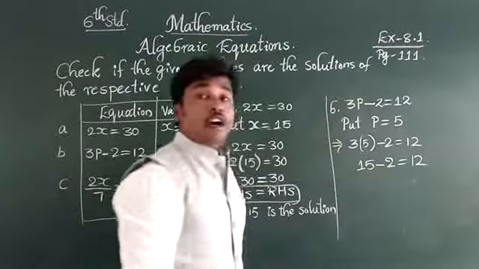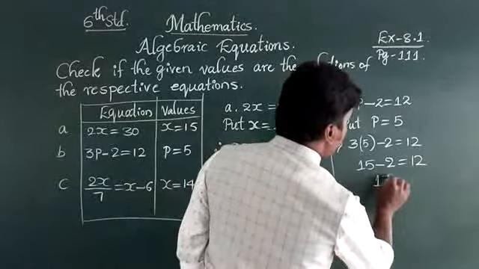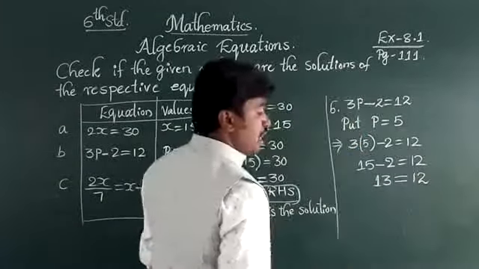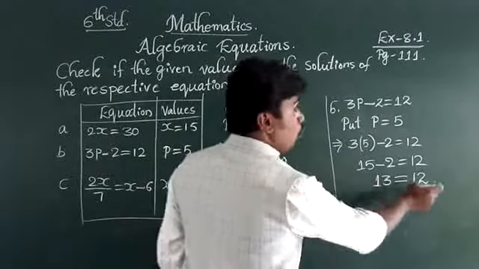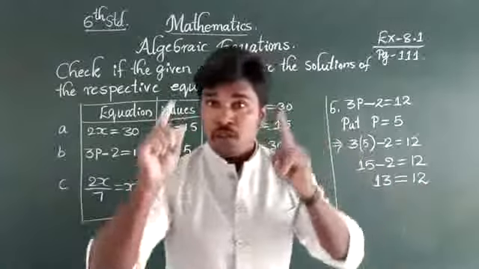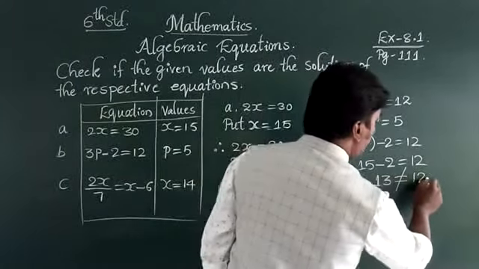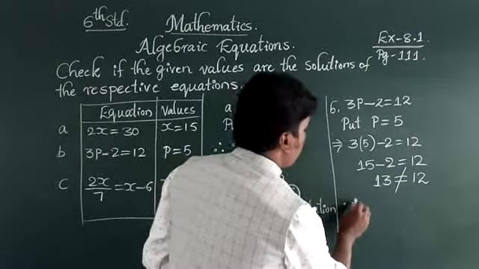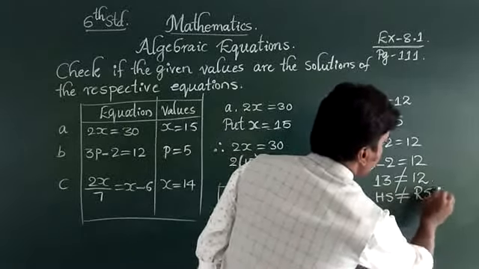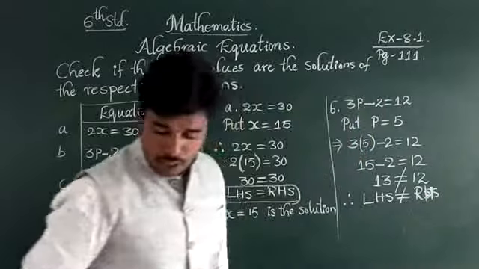15 minus 2. How much are you getting? If you subtract 2 from 15, you get 13. 13 is equal to 12. Dear students, is 13 equal to 12? 13 equals 13 only and 12 equals 12 only. So 13 is not equal to 12. Therefore, LHS is not equal to RHS.